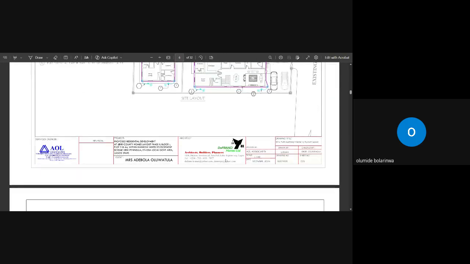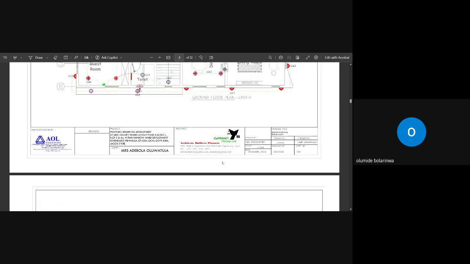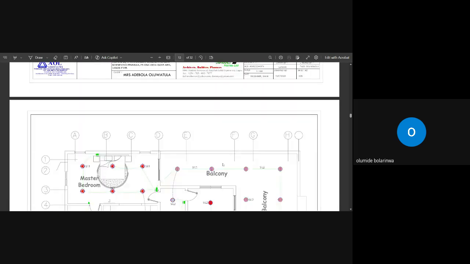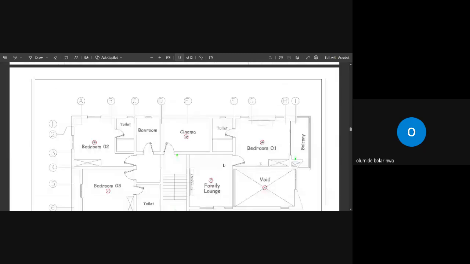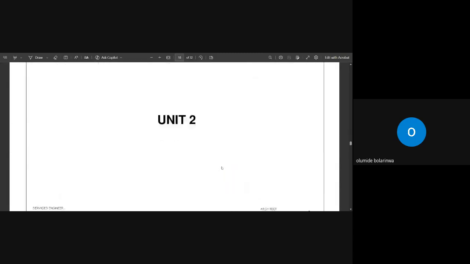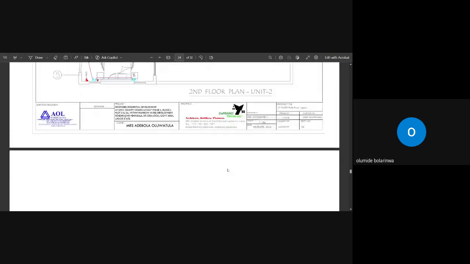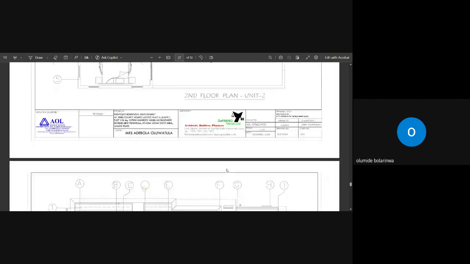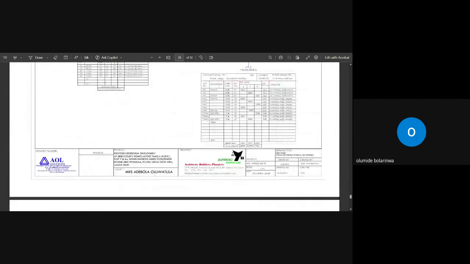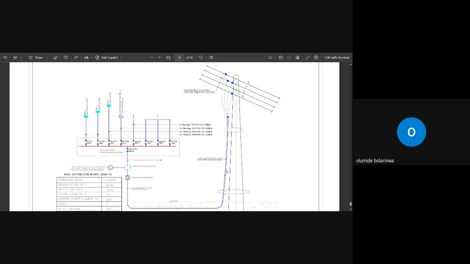I'm looking at where the page is. Sorry, I'm trying to look for the actual page. Yes, open to page 32. Are we on page 32?